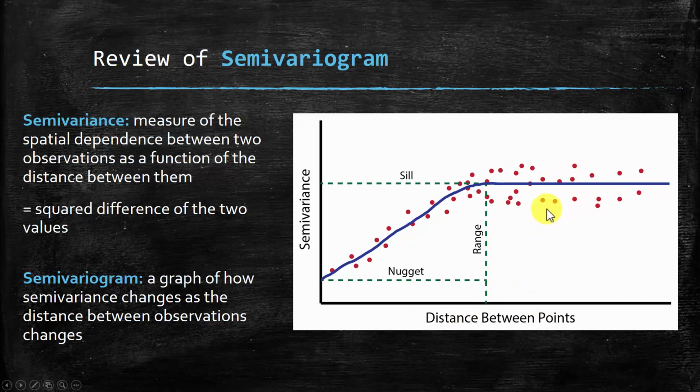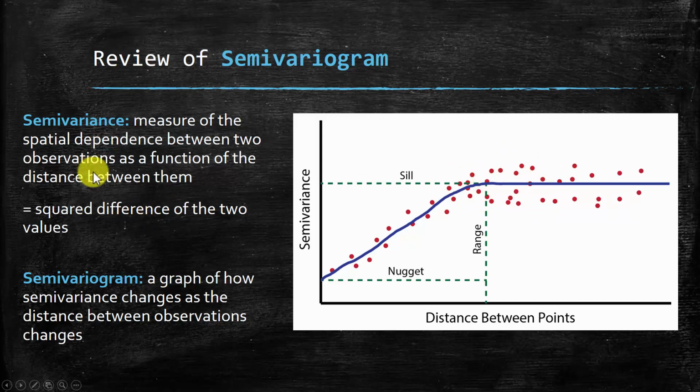So their x-coordinate is the distance between those two measurements, and the semivariance is the squared difference of the two values. As you can see here, this eventually levels off. So this suggests that eventually the semivariance stops increasing. So it's as different as it's going to get.